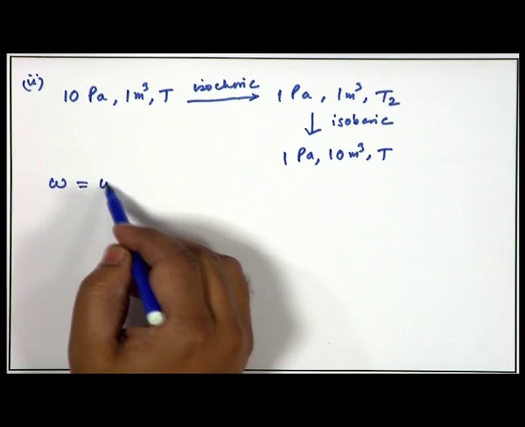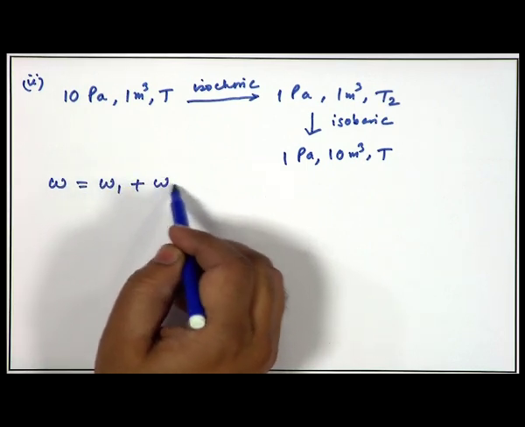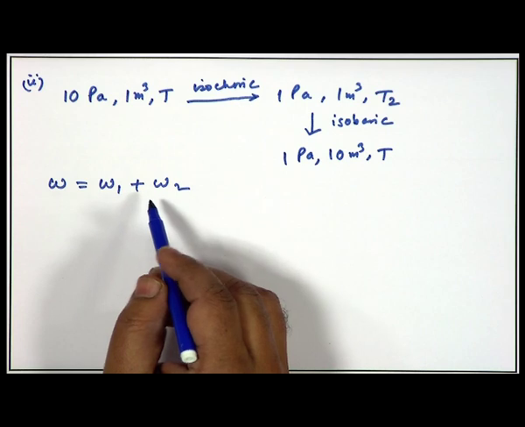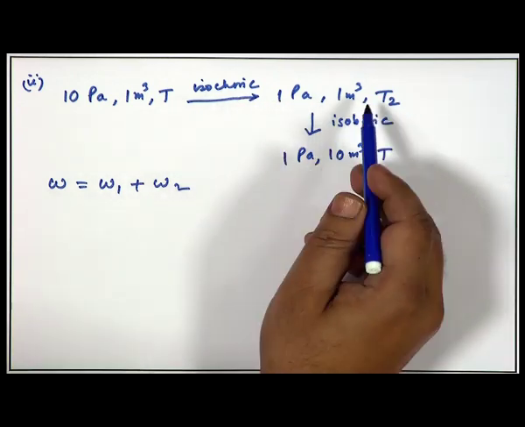Total work would be the work done in these two steps, and the first step is a constant volume process.